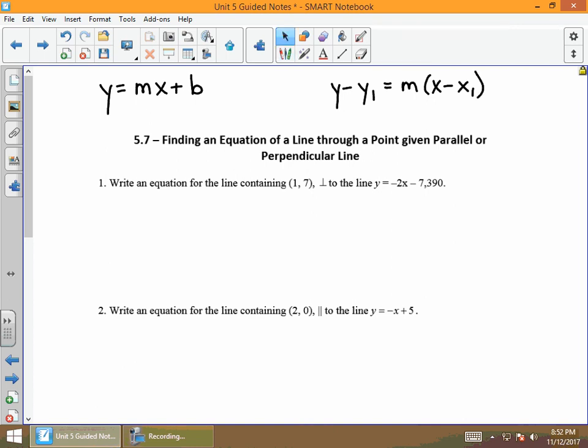Now, I don't know that I have an exact preference, but to do this one, I really like the second way. I like the y minus y1 equals m times x minus x1. And the reason is because in all of these types of problems, they're giving me x1, y1. And they're going to tell me an equation of a line, and they're going to tell me whether it's parallel or perpendicular.